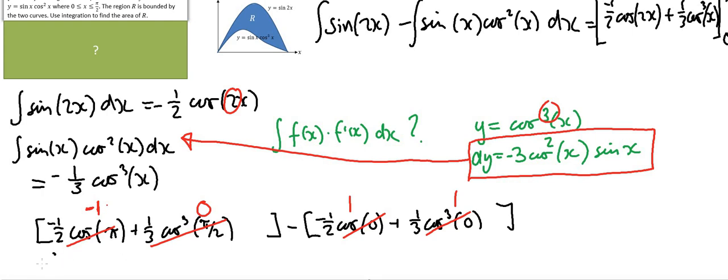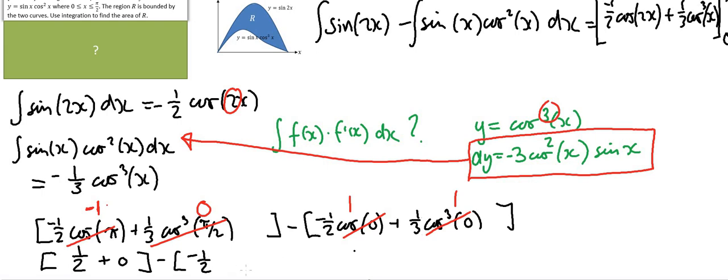On the left-hand side, minus a half times minus 1. That's a half. This is 0, so there's nothing here. In the other bracket, I've got minus a half times 1, so that is minus a half.